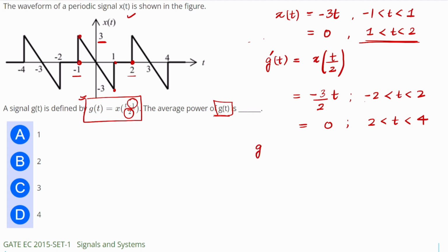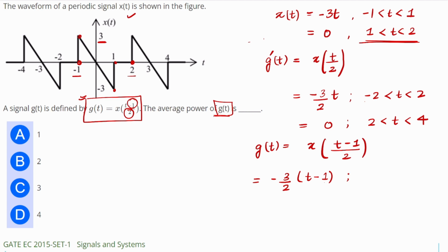But we have to do the complete change, including time shifting as well. So now we have scaled this function, now we have to shift it. Now instead of t, it is t minus 1. So the g(t) signal will become minus 3 by 2 (t minus 1), which is shifted. Because it is minus 1, we will add 1 to the shifted version.